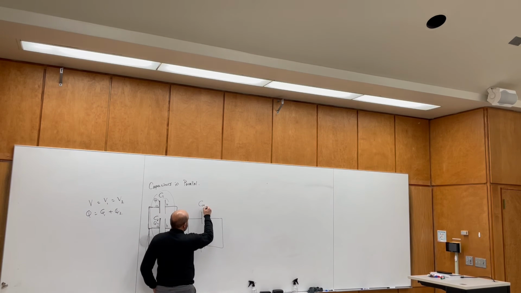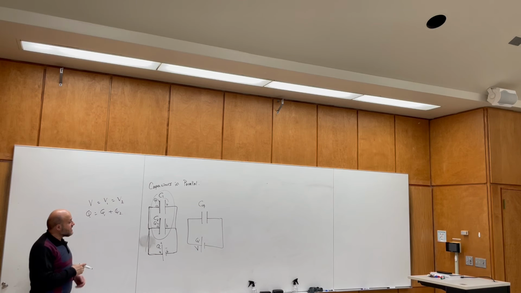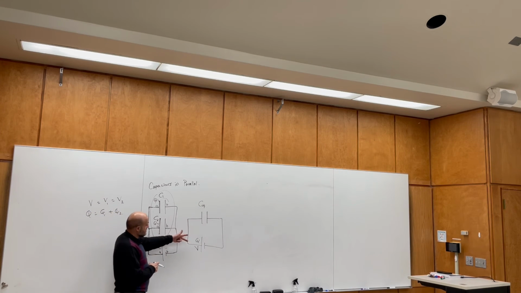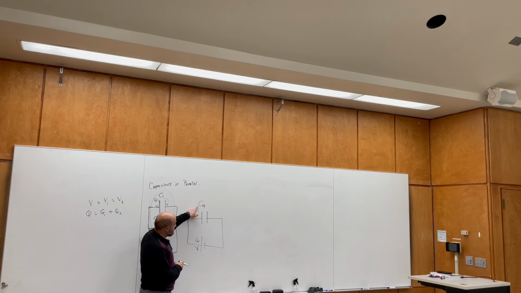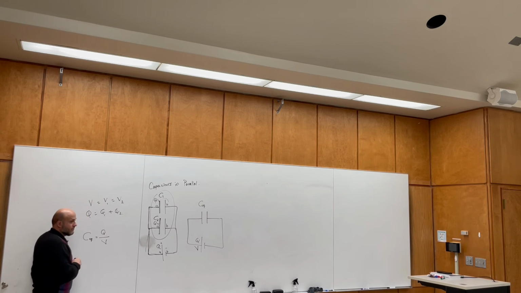C equivalent will take the same charge and the same voltage from the battery. So it will do the same job. This equivalent, and if you look at this, Q equals V C equivalent, so C equivalent is Q over V, which is the Q of the battery over the voltage of the battery.